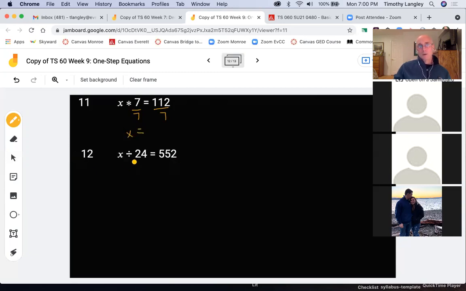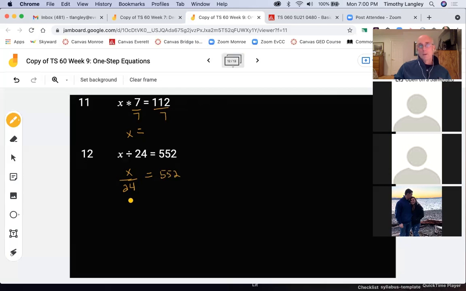Here's X divided by 24 equals 552. Remember, I told you when you get a division symbol like this, rewrite it as X over 24 because it helps to figure out what to do, basically, equals 552. All right, now you look at that for a second, X over 24.